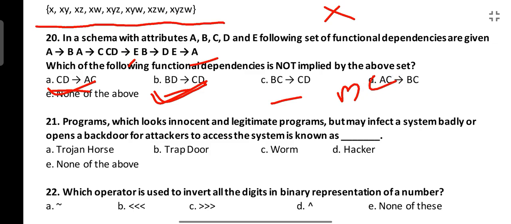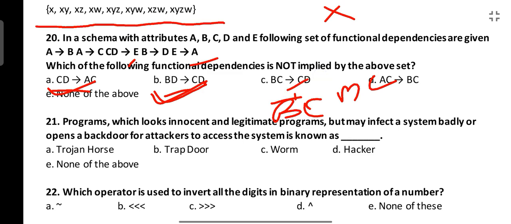BC derives CD. C is getting derived by A and A is getting derived by B. So B is correct on the left hand side. And what about D? D is getting derived by B, B is getting derived by A and A is getting derived by C. C will also come. Yes, C is also correct.